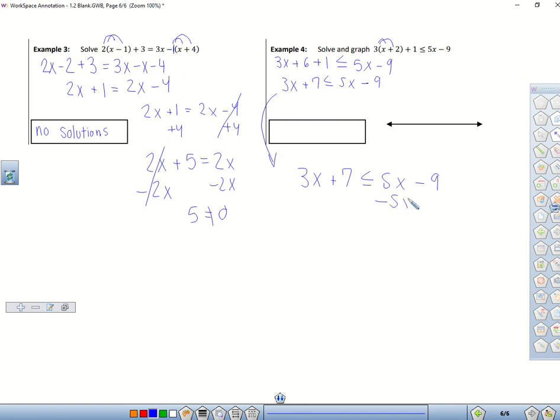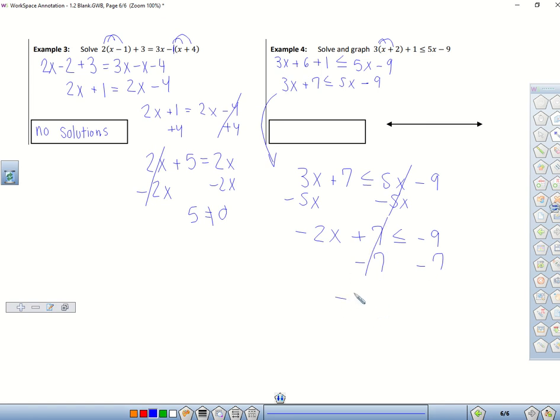I'm going to subtract the 5x on both sides. Like I said, there are sometimes multiple ways to do this correctly. That's going to leave me with negative 2x plus 7 is less than or equal to negative 9. I'm going to subtract 7 on both sides.